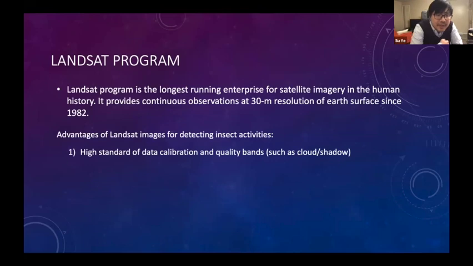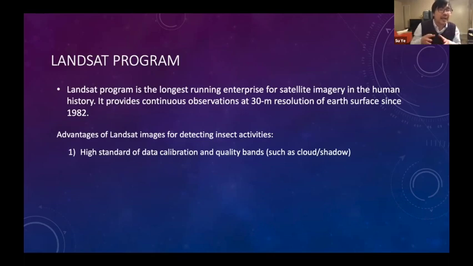There are several advantages of why I choose Landsat images for detecting insect activities. The first reason is the Landsat dataset has the highest standard of data calibration, also quality bands. This is especially important if we want to detect insect disturbance, which often has very subtle change signals.